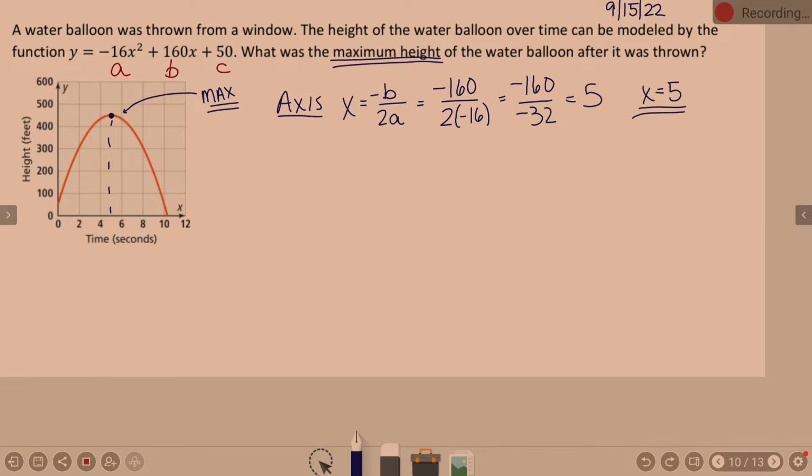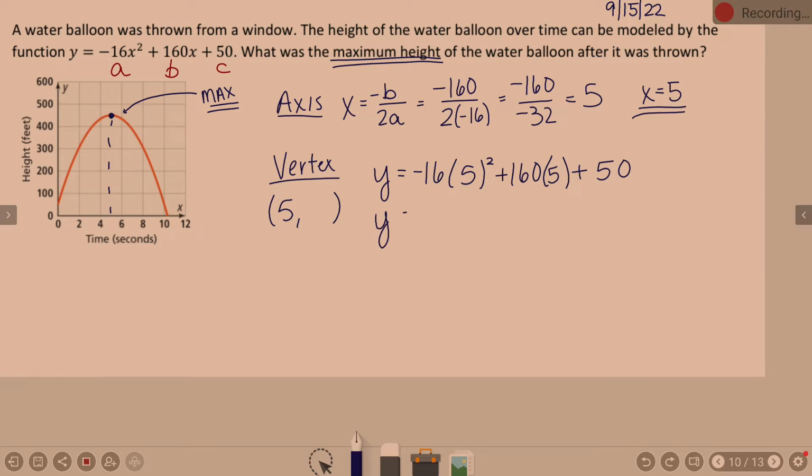Okay. So, what do I do for the vertex now? Besides math, a little more specific. We know my x value of the vertex is 5. We're going to plug it in. So, negative 16 times 5 squared plus 160 times 5 plus 50. 5 squared is 25.